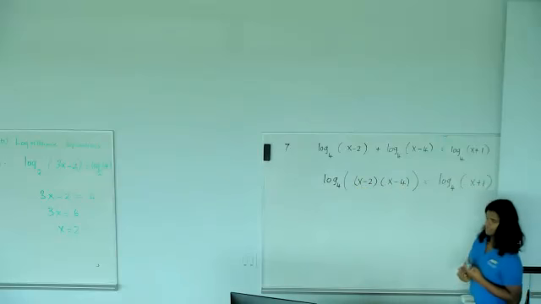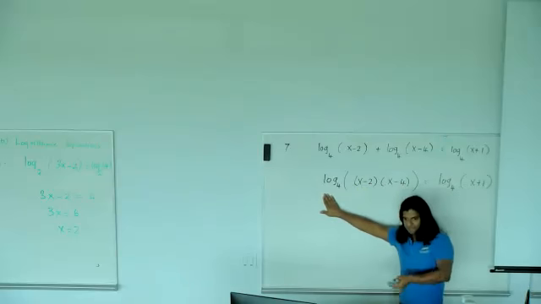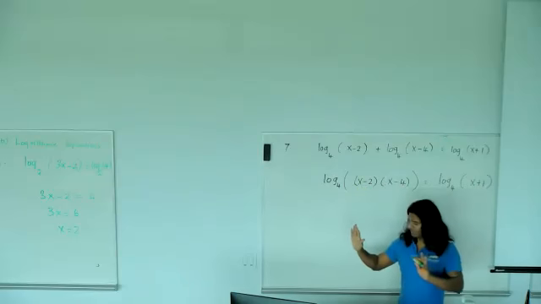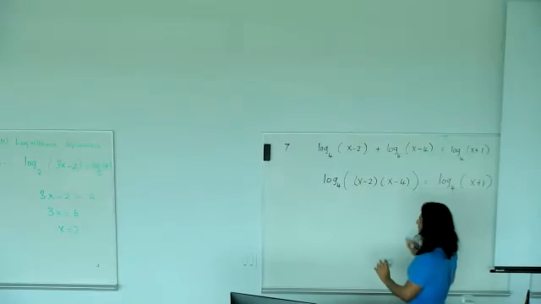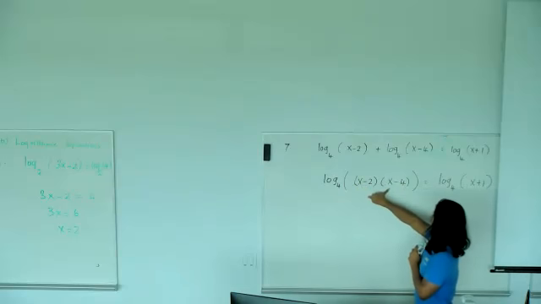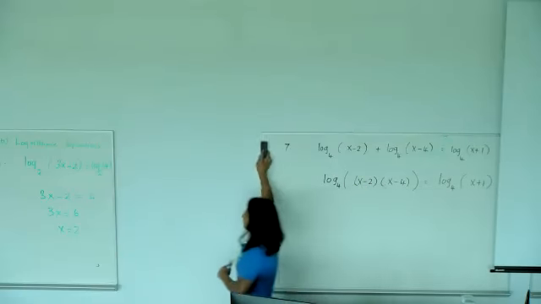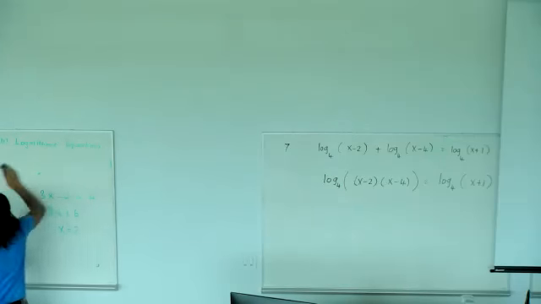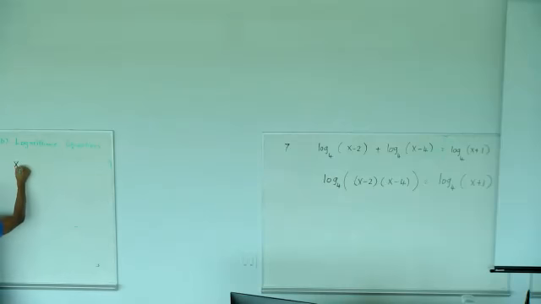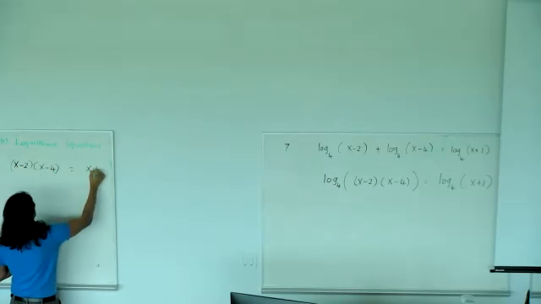Now we can use the logic from the previous problem. If you have the same bases and both sides have logarithms by themselves, you can simply set the expressions inside the logarithm equal to each other. So left hand side, (x minus 2) times (x minus 4); right hand side, x plus 1.